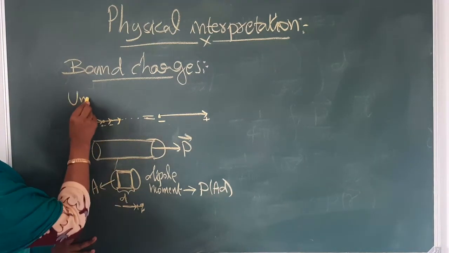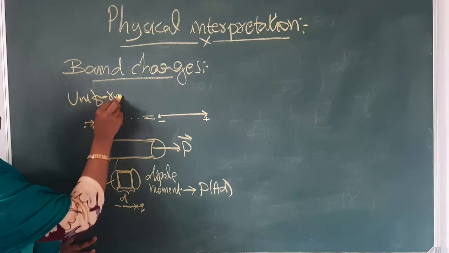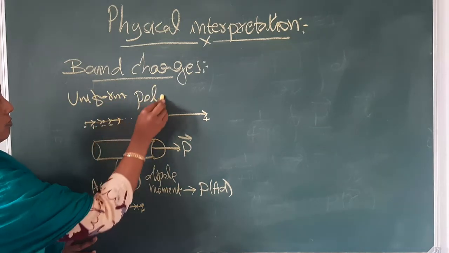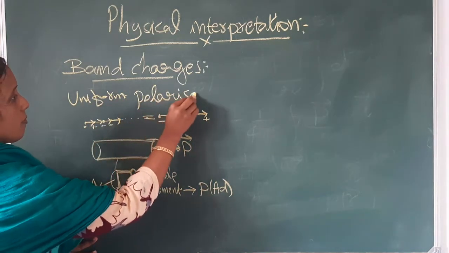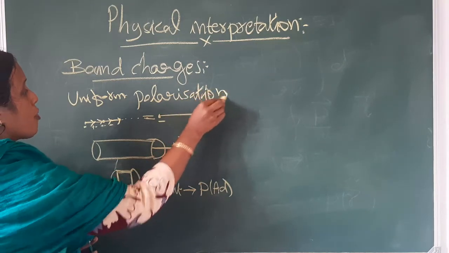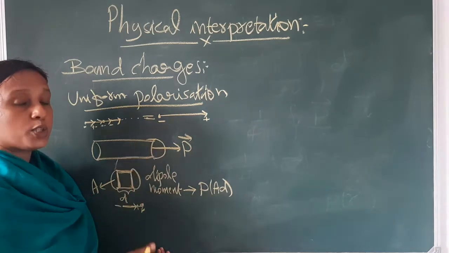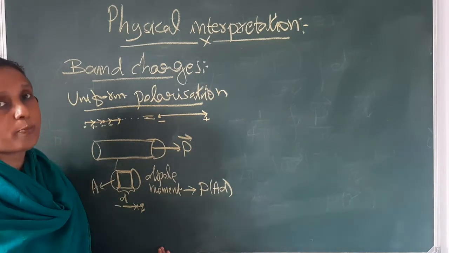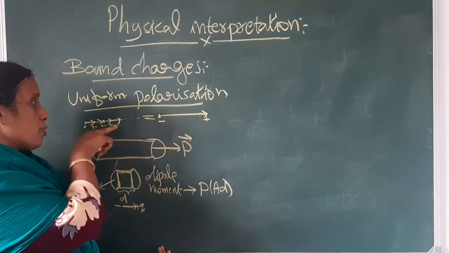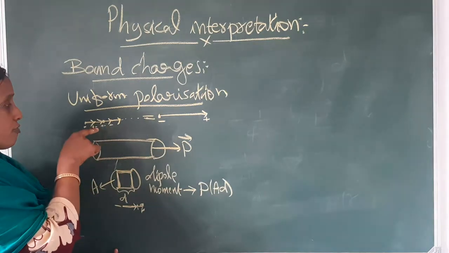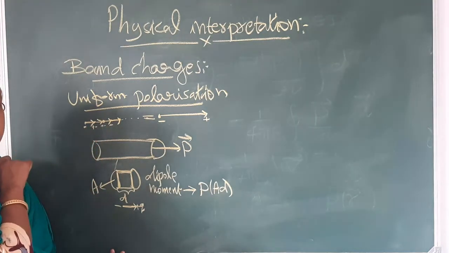We discussed here uniform polarization. In this case, the charge resides only on the surface of the polarized object, because the figure itself gives you the idea.